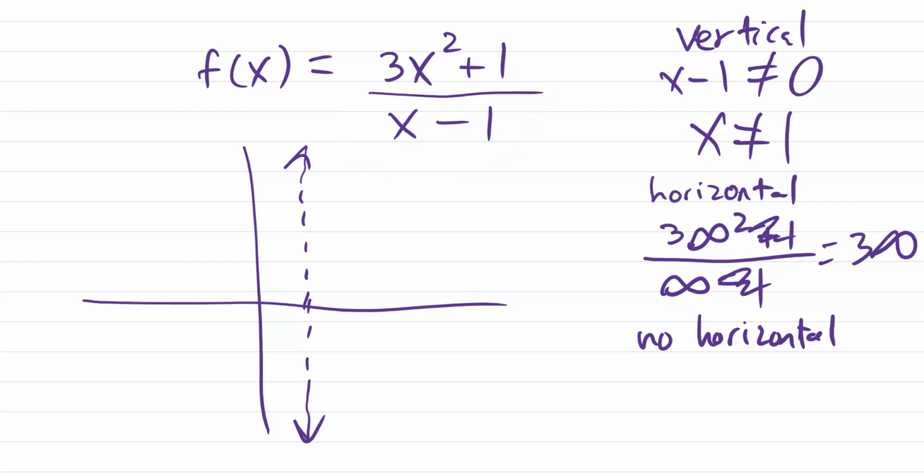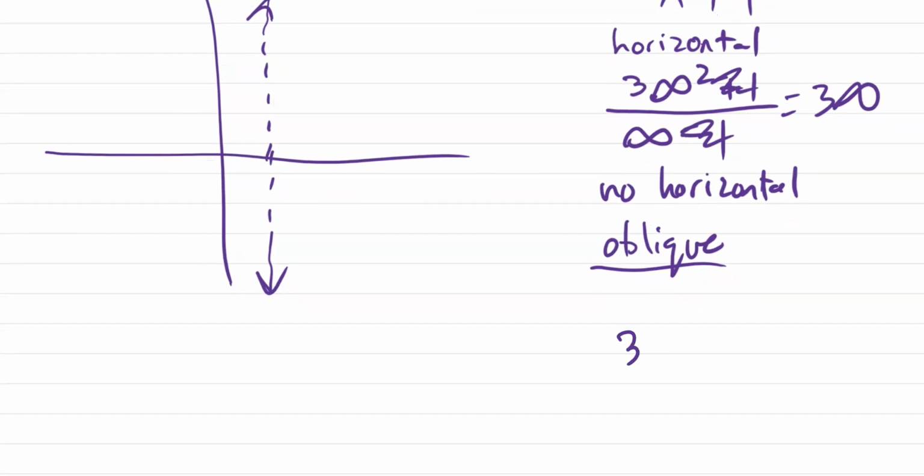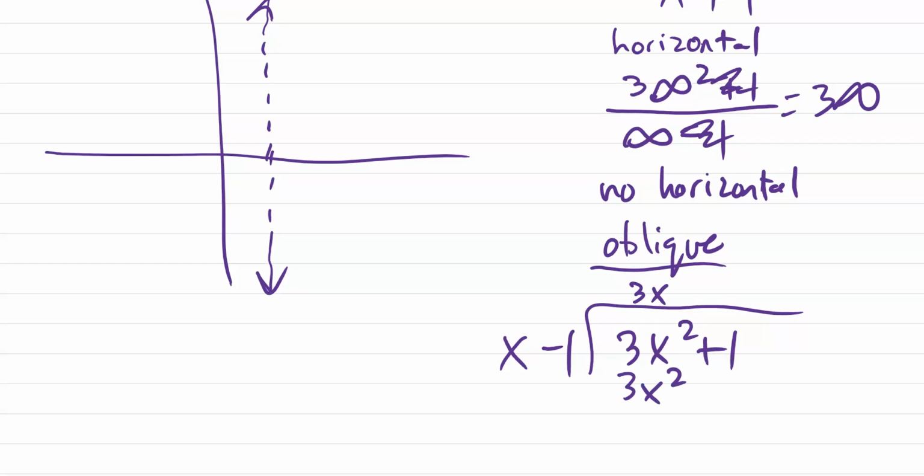So how do I find that? Well, when that happens, you have to find the oblique. How do we find the oblique? Take that 3x squared plus 1 and divide it by x minus 1. X times 3x, 3x squared, what is that? Minus 3x, change the signs.